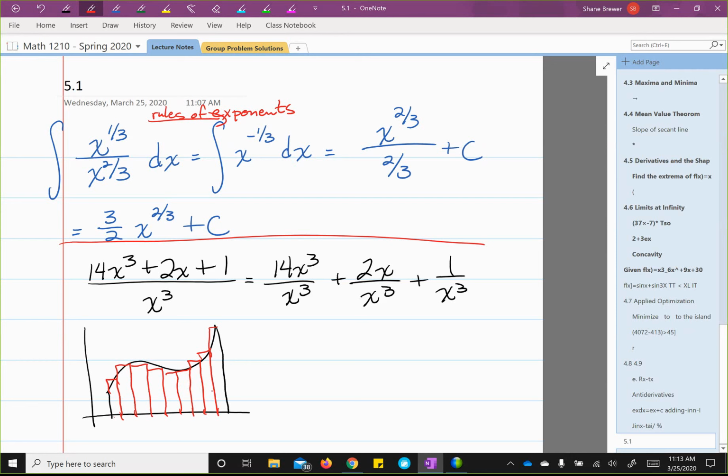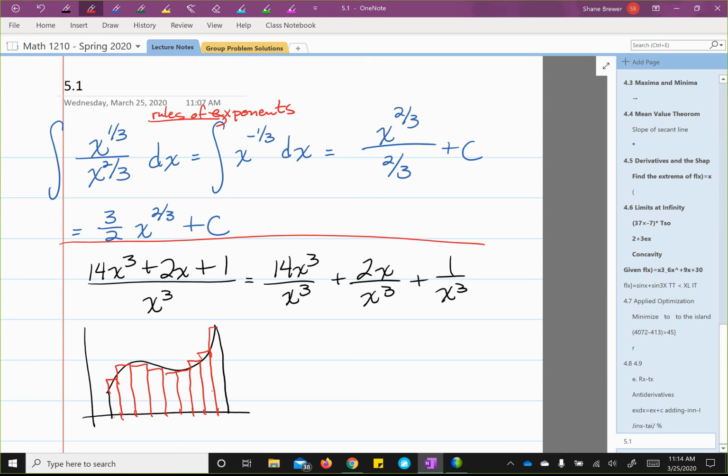Any last questions before we call it a day? How far does 5.1 go? Does it go just to the Riemann sums? 5.1 just repeats this process that we did at the beginning of the semester, relying a little bit more on notation, plus it introduces the idea of summation notation.